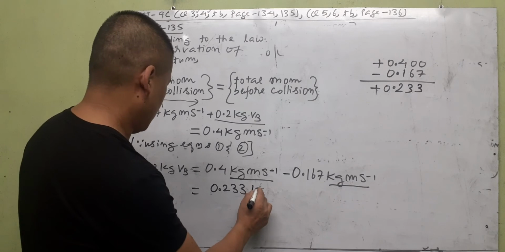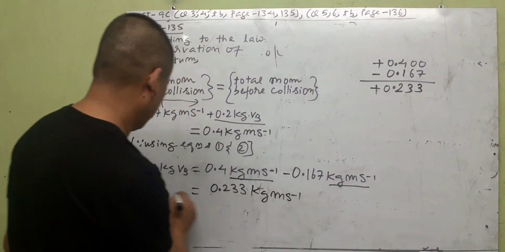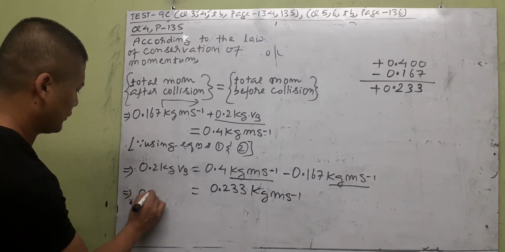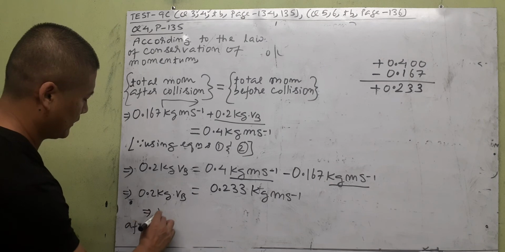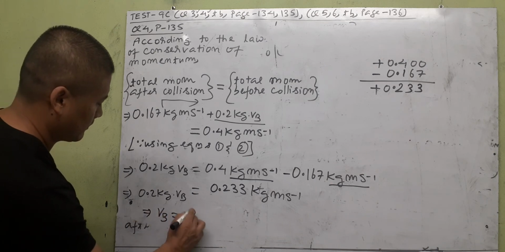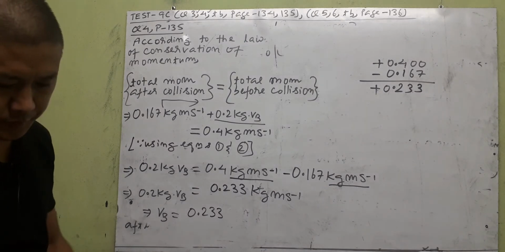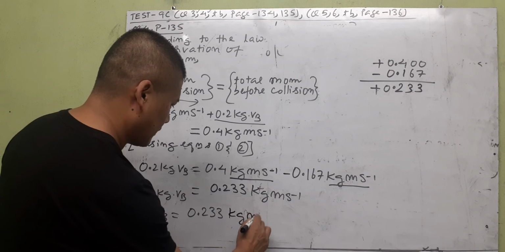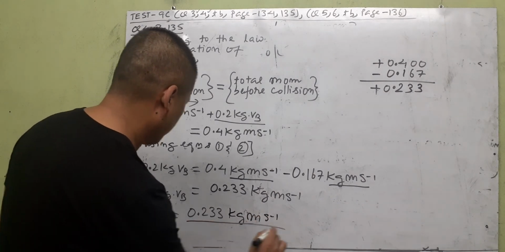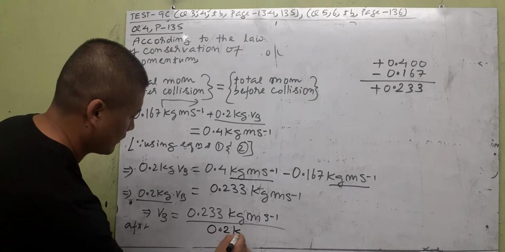Then we write here kg meter per second. This side is 0.2 kg into VB. So that implies VB will be equal to 0.233 kg meter per second divided by 0.2 kg, shifted down to the denominator.